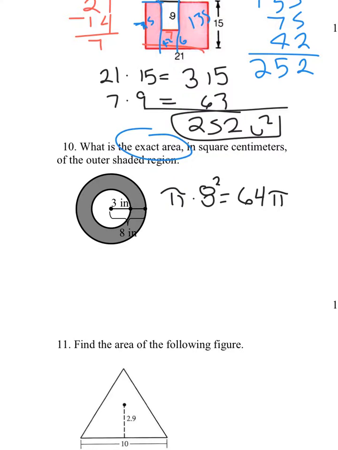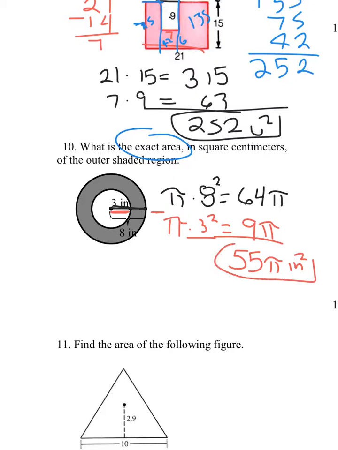Then the small circle has a radius of 3. You would do pi times 3 squared, which is 9 pi, and you would subtract those, which would give you 55 pi inches squared as an exact answer.